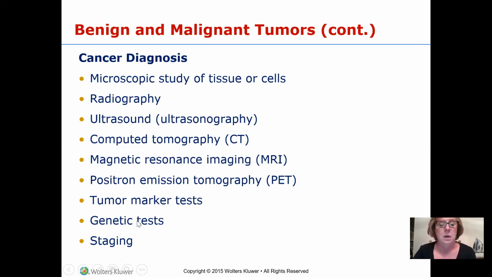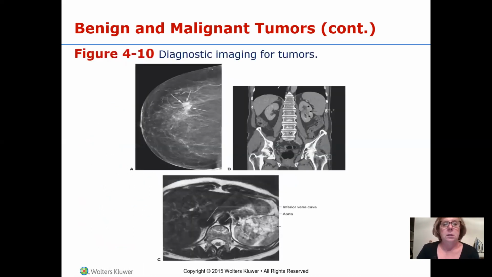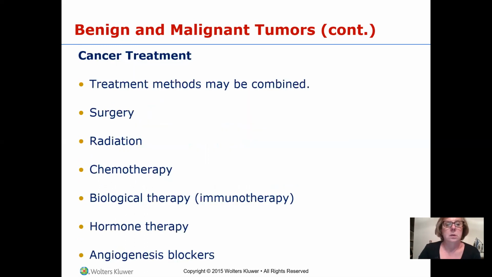Genetic tests, which would be like for mammary tumors, and then staging is they have a system of staging 1, 2, 3, 4. And then some diagnostic pictures for tumors.